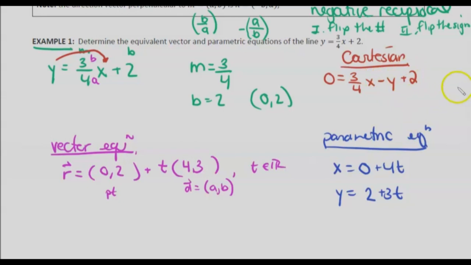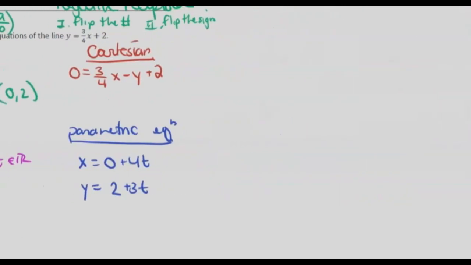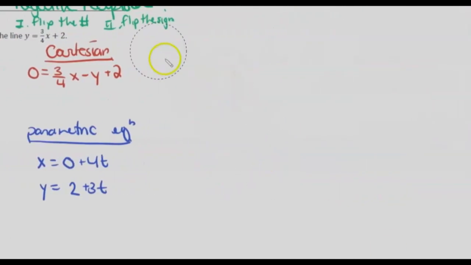Okay, there are 3 rules for the Cartesian equation. So here are the rules. Number 1, we must write it in the form ax plus by plus c equals 0. So in other words, everything on one side, nothing on the other. Nothing, that's 0.